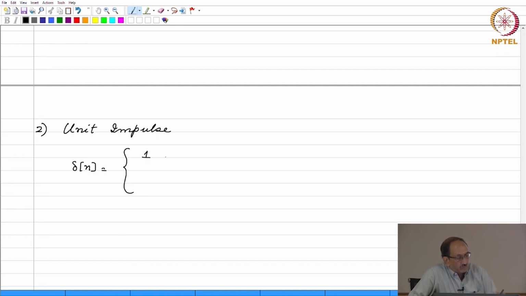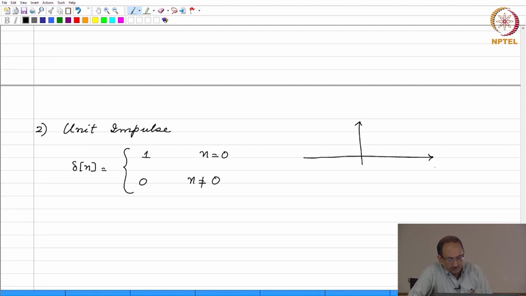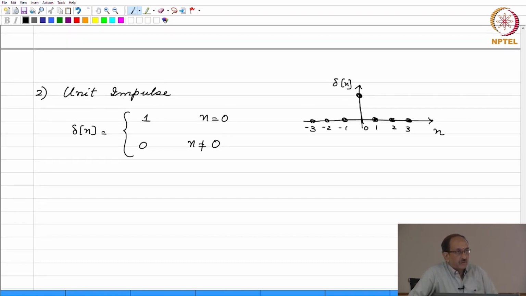This is 1 when n equal to 0 and 0 when n is not equal to 0, and the picture associated with this is like this. At n equal to 0 it is 1, for all other points it is 0. And this is the unit impulse sequence in the discrete time case.